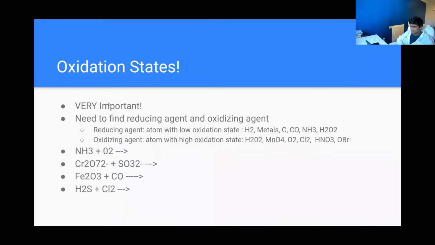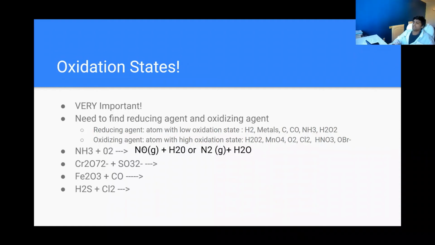So let's take a look at NH3 plus O2. O2 is an oxidizing agent. NH3 is a reducing agent. What will happen? What do you predict about the final oxidation states of nitrogen and oxygen? There are two types of reactions that can occur.